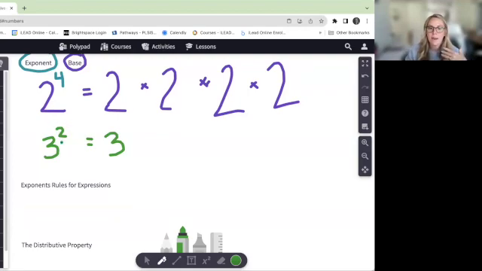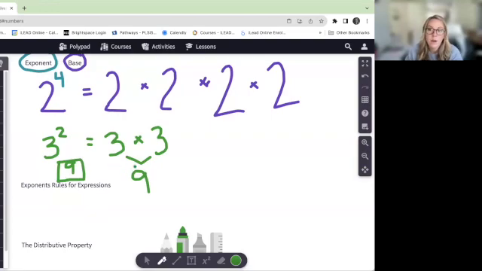How many am I expanding it to? It says there's 2 of them. So times, count up your total, 1, 2. Good to go. 3 times 3, 9. So 3 to the power of 2 is 9.